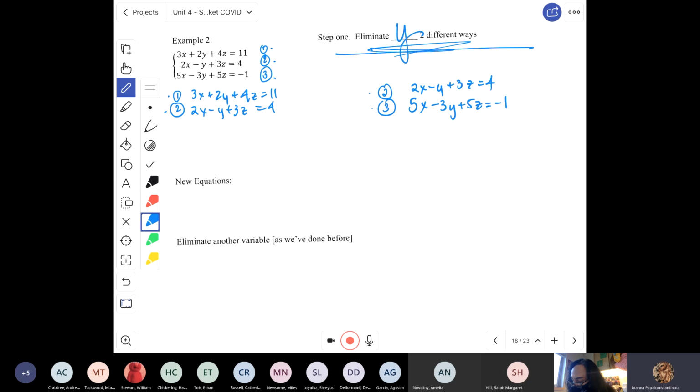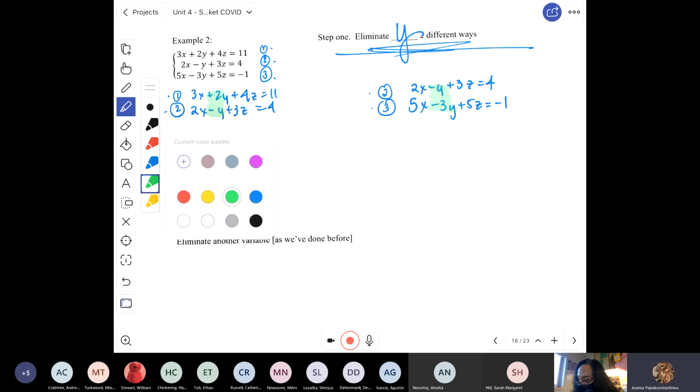So tell me, the first thing you do is tell me the variable you're eliminating, label your equations, and then show me which sets of equations you're using. You're going to choose 2 at a time, and you're going to see how it reduces. Now, I said I want to eliminate y. So I have to ask myself, what do I have to do to one or more of these equations so that I can multiply by something to get opposite coefficients? Why do I want opposite coefficients?